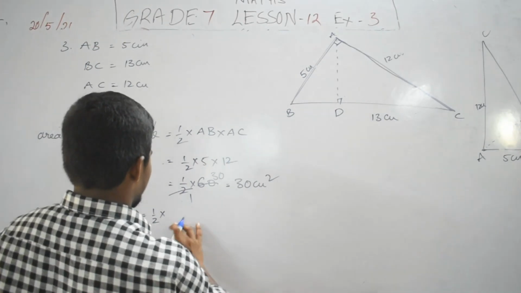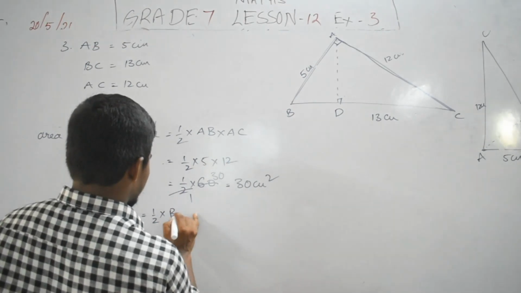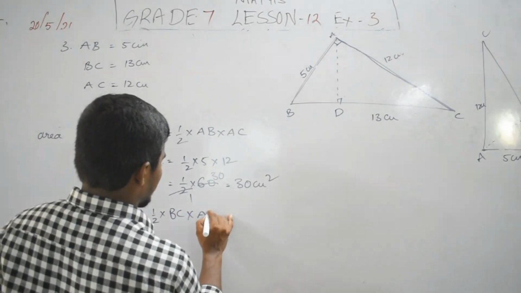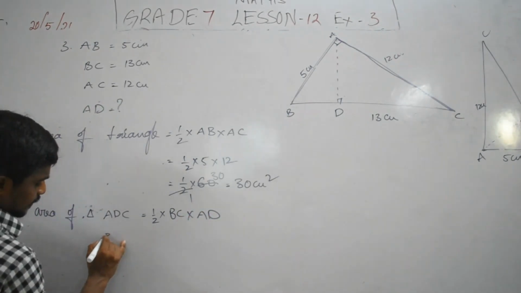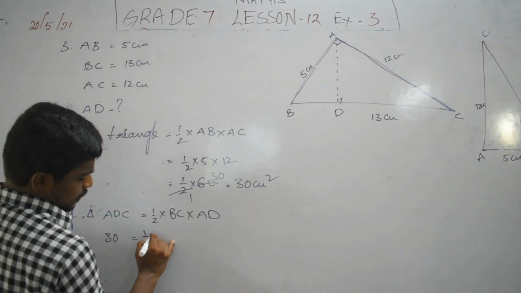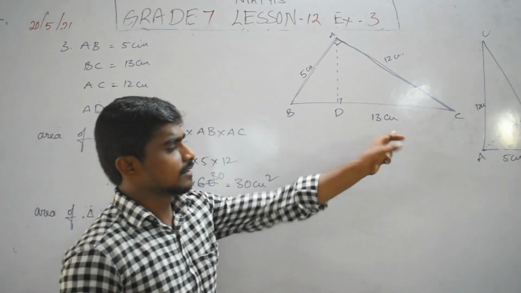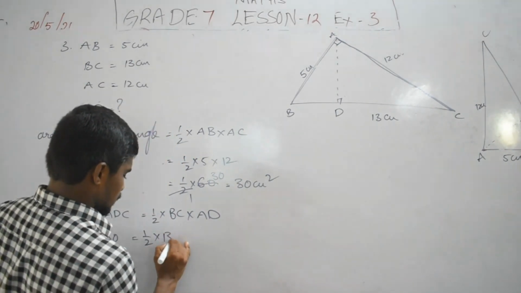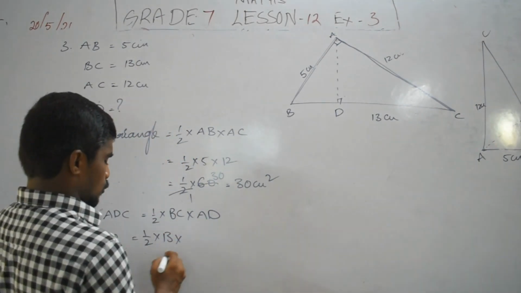DC, no, BC times AD we don't know. So here 30 is the area of the triangle, 1 by BC, how much? 13 centimeters, by AD we don't know.